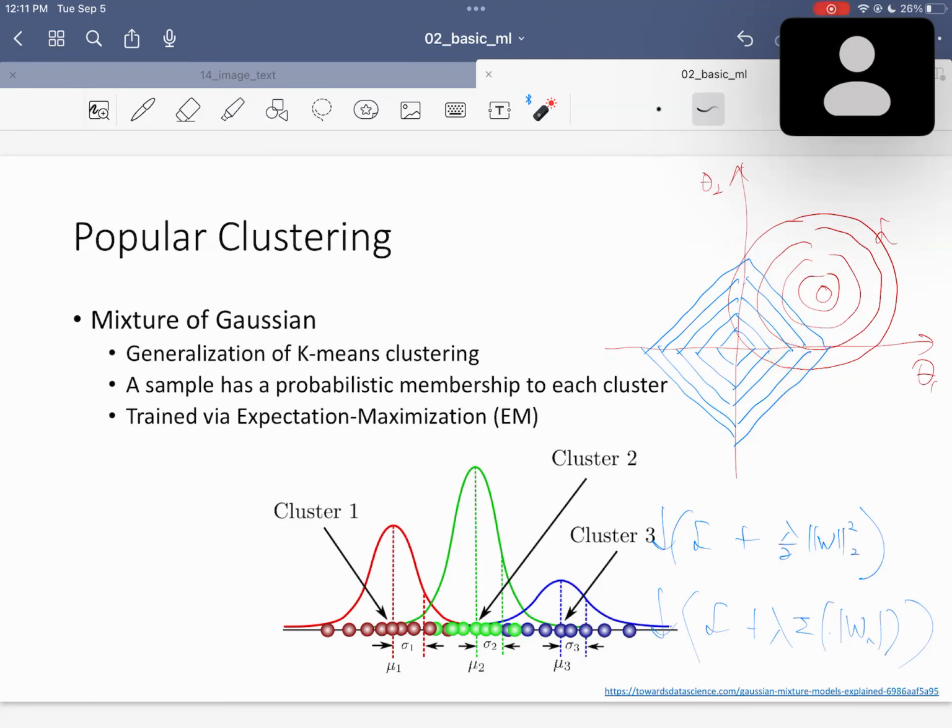If you end up on one of the axes, then this weight survives because it's nonzero here, but this one dies out because it's 0 here. That is why your coefficients become sparse.